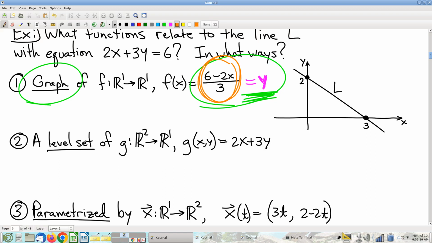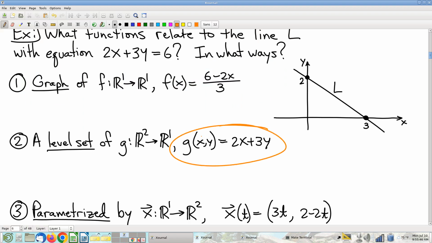Y is not an input. Only X is the input. That means that my domain has only one variable. Does that make sense? On the other hand, let's look at this other function over here. This is the function whose level set is my line. This function has two input variables. It's a function of X and Y, and thus the domain is in R2. Does that make sense?